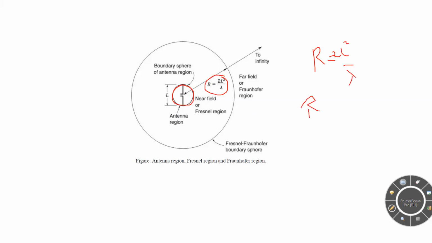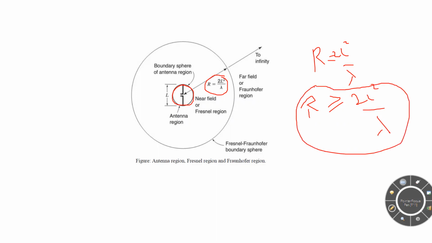Now if I satisfy the condition r greater than or equal to 2 times L square by lambda, then we specify that the observation is done in the far field. This r is nothing but the distance of the observation point with respect to the antenna.